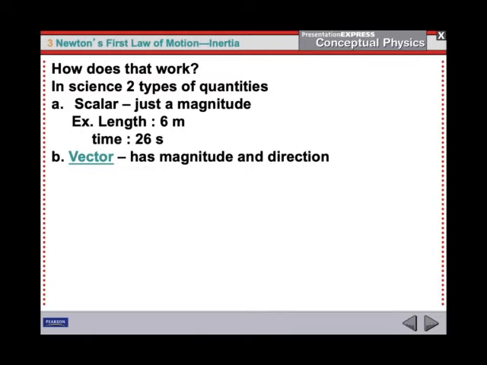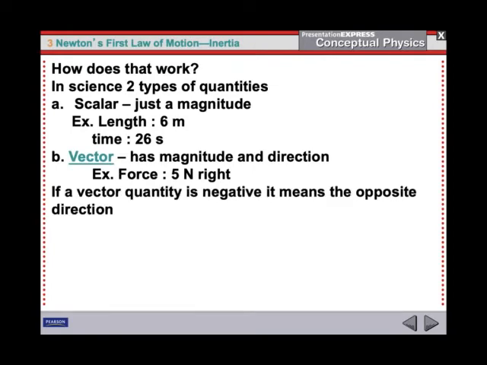Time never has a direction. Nobody ever says 23 minutes after 5 north. Okay, no one ever says that. So vectors are a different breed of cat here, and they have magnitude and direction. For example, force, 5 newtons to the right.